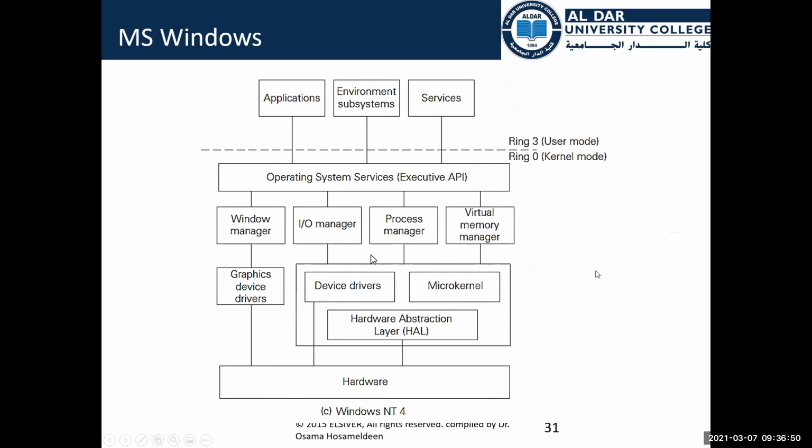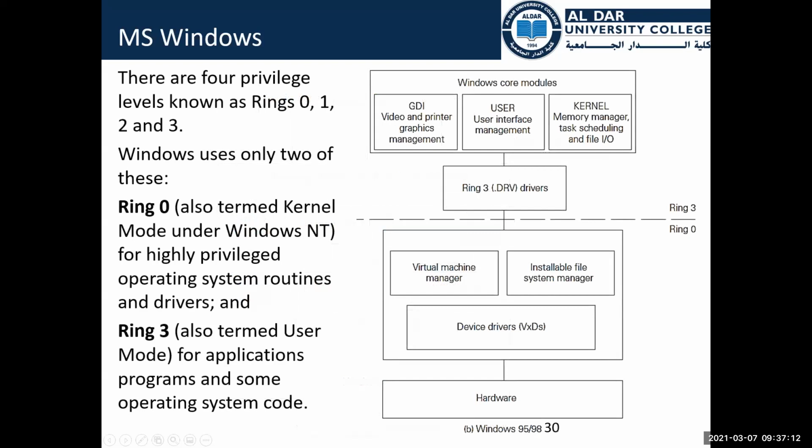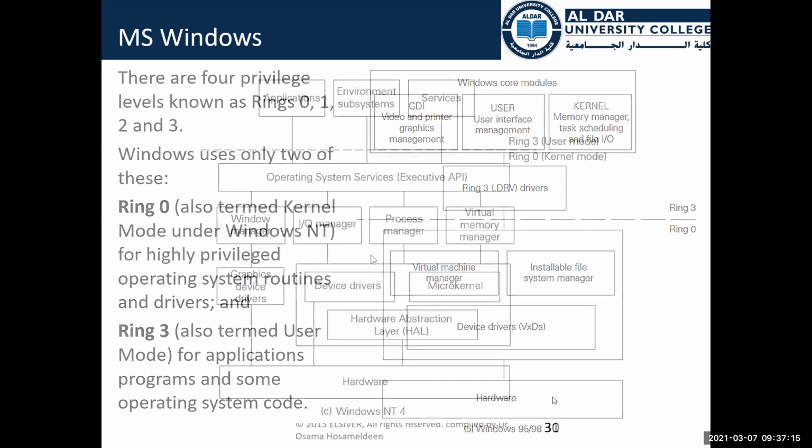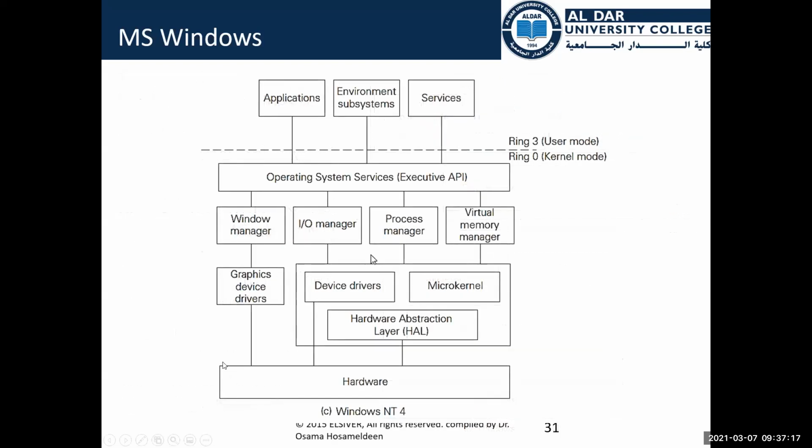This is another kernel inside the bigger kernel that deals directly with the hardware through a hardware abstraction layer that separates the hardware and the microkernel. So this is Windows NT, and it is more secure than Windows 98 and 95 because Windows NT is designed to deal with the internet, and they want to separate most of the operating system routines from the user.